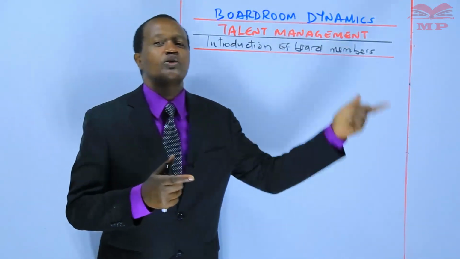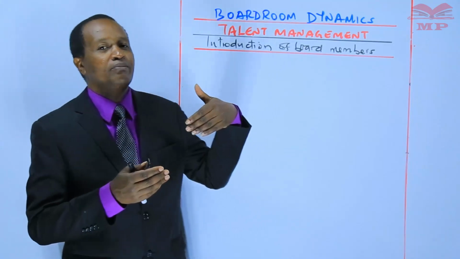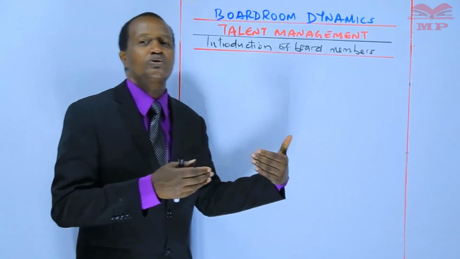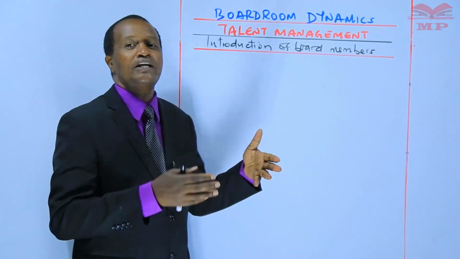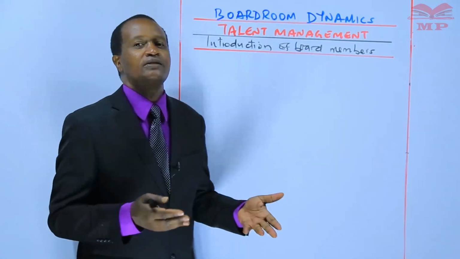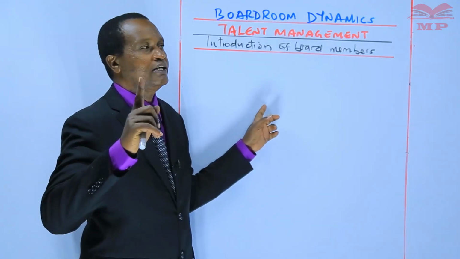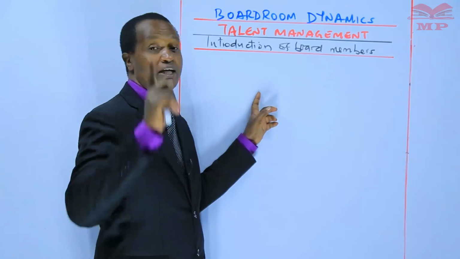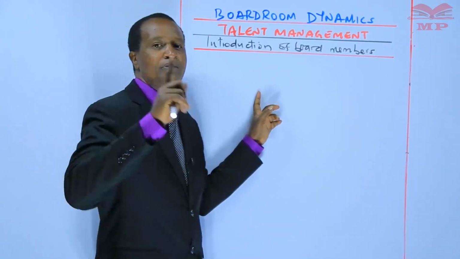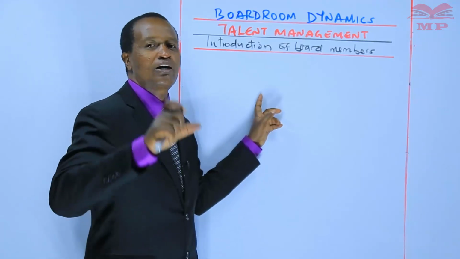The chief executive and the senior staff may sometimes lead the orientation of the board in other areas to do with finances, okay? But the introduction of a board member has to be facilitated by the chair of the board because it is the chair of the board that guides the work of the board.